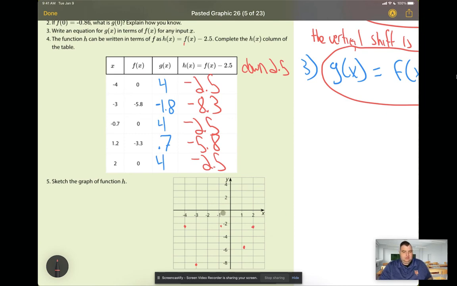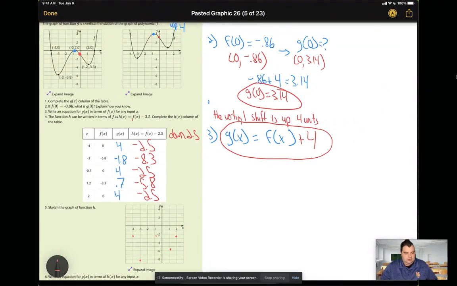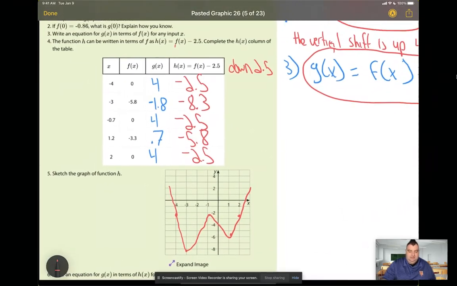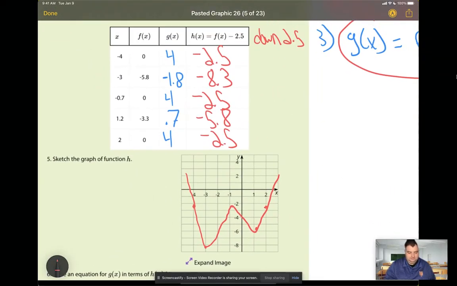So when I draw the graph, it's going to look something like this again. It has the same general shape of the f function, except it's shifted down 2.5.